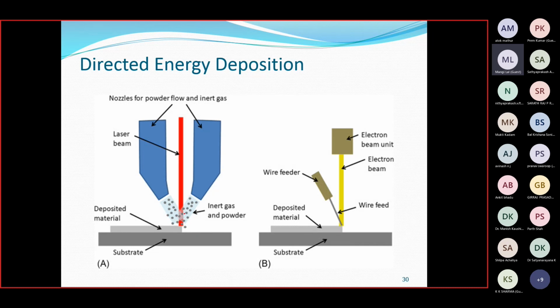So these are materials or powder you can drop, and this laser will be beamed on that powder or material to deposit it, or you can say to be hardened. In normal language, to be hardened. Okay, so powder flow will be there, and then the laser beam will be given to that material to be hardened, and this is one way.